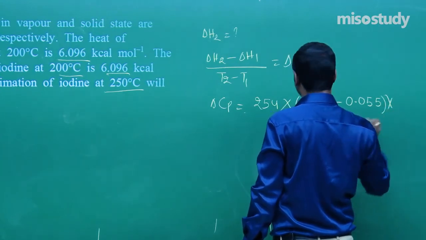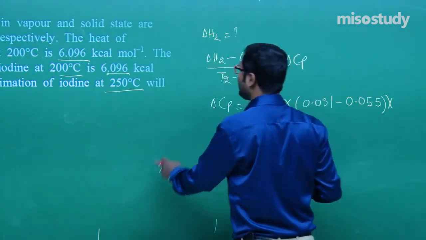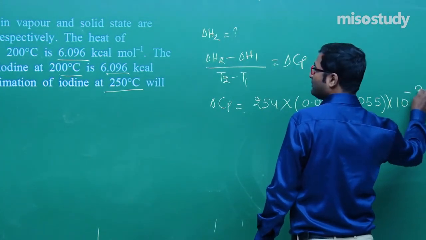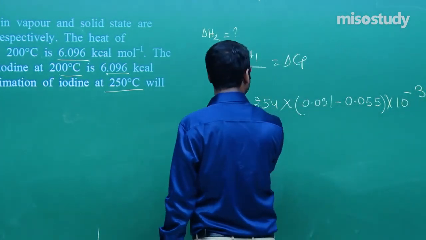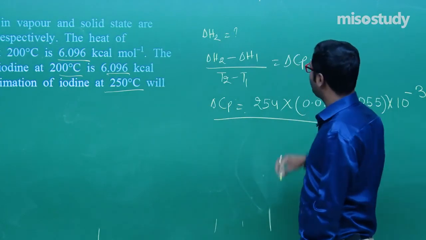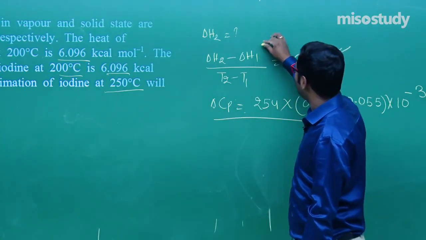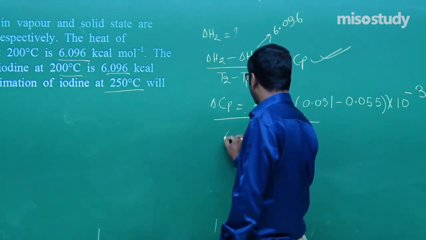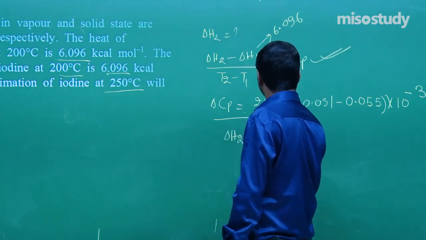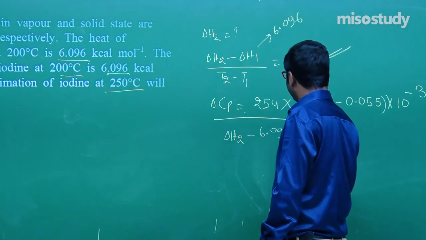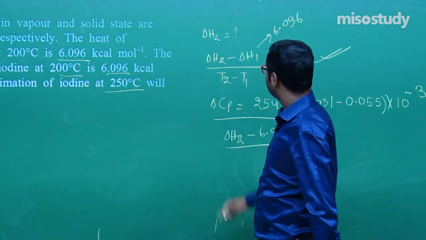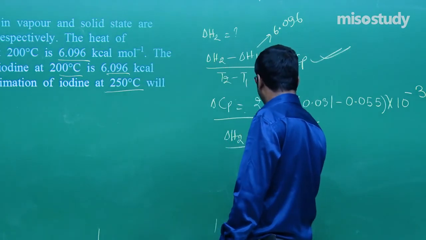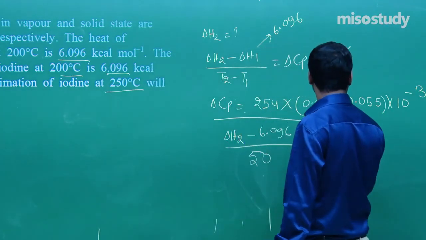This one is in calorie per gram, convert in kilocalorie per gram, 10 to the power minus 3. That is delta Cp. If you put this value of delta Cp and delta H1 is given 6.096, put this value, delta H2 minus 6.096. Clear? And what is T2? T2 is 250 and T1 is 200, that is 50, is equal to delta Cp.